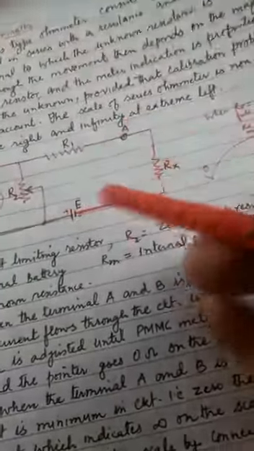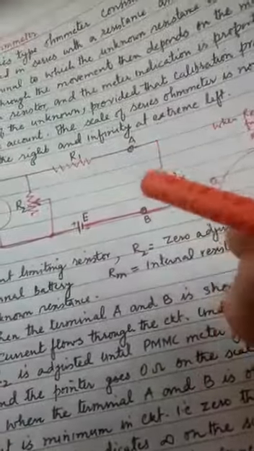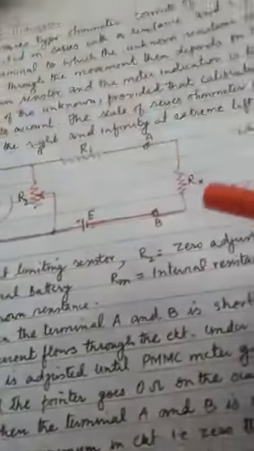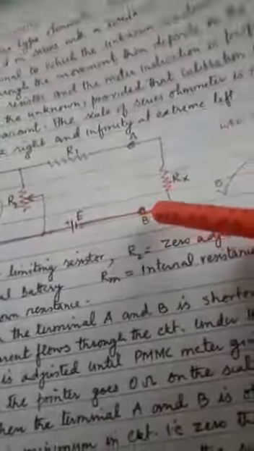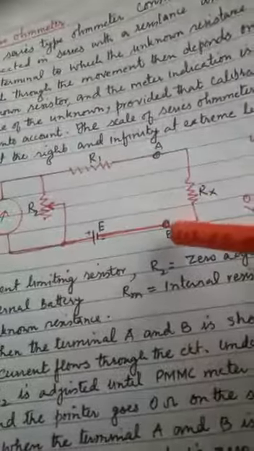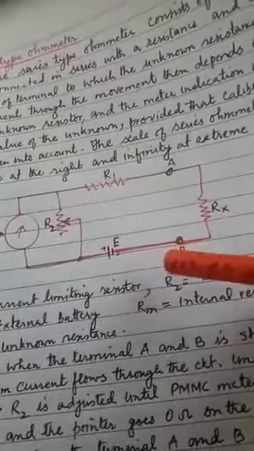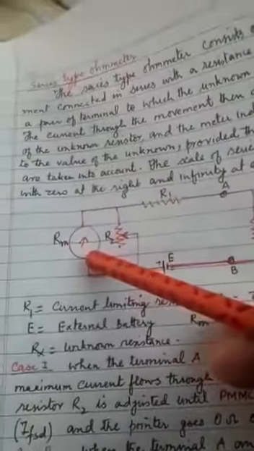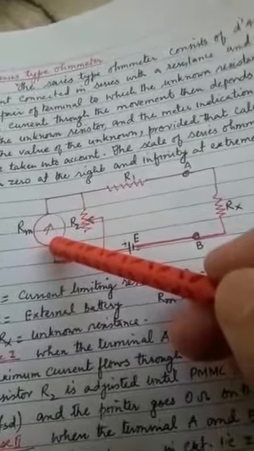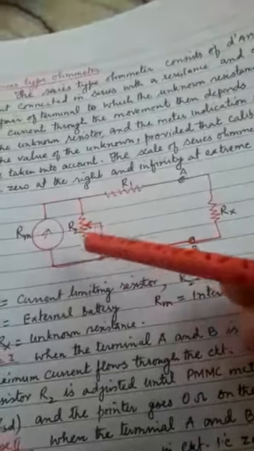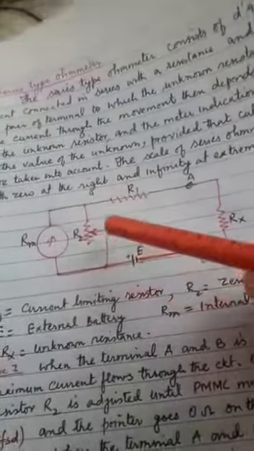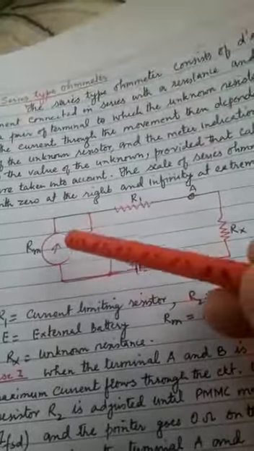In the first case we short circuit these two points, and full scale deflection is shown by the meter. R2 is adjusted in such a manner that full scale deflection is shown, and the meter shows 0 reading.